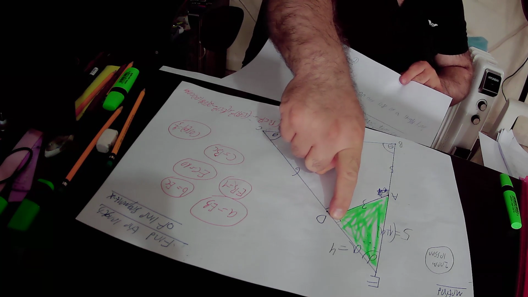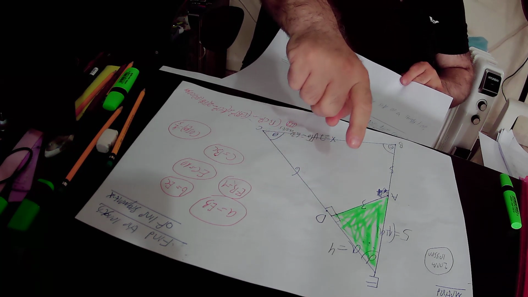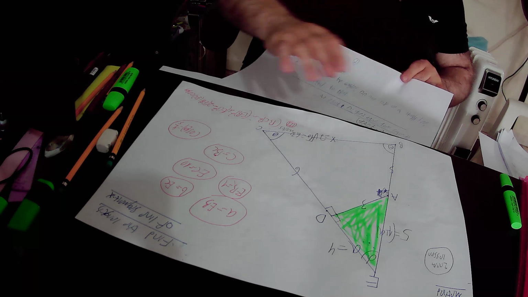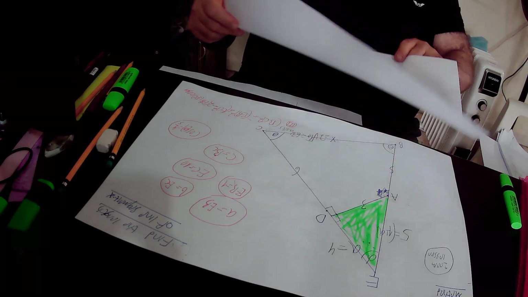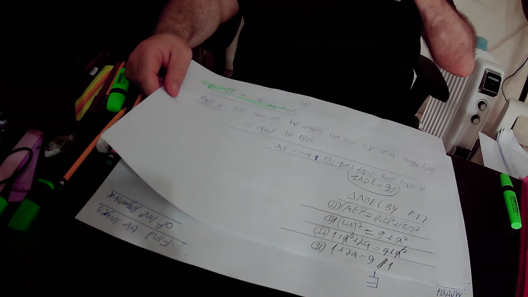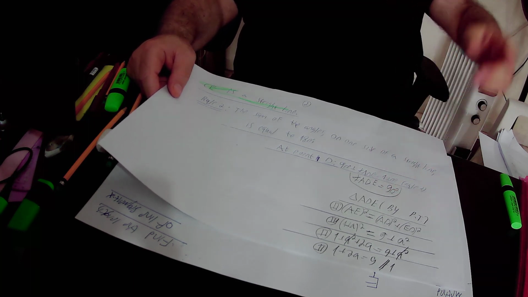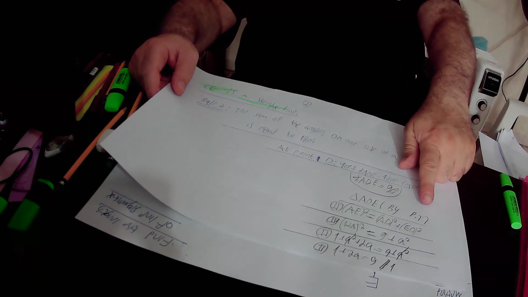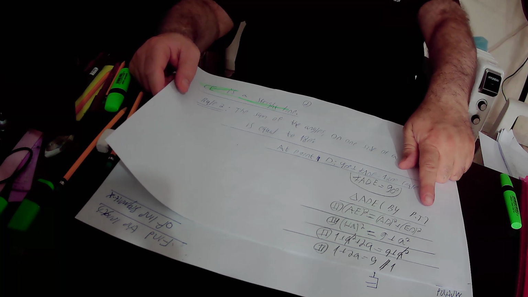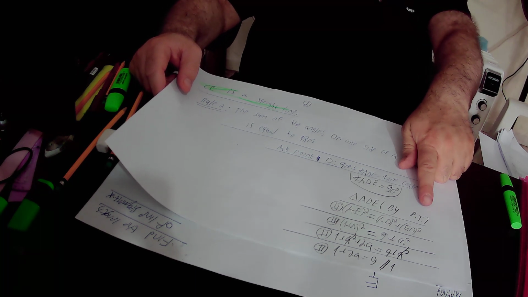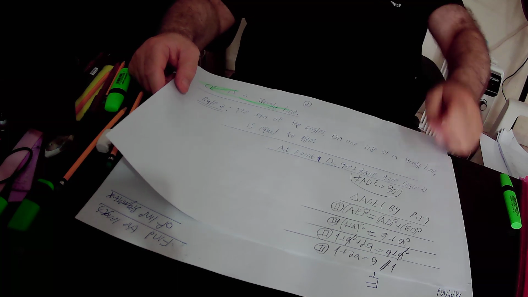So if angle ADE equals 90 degrees, the green triangle is a right triangle. We can implement the Pythagoras theorem (PT) on the green right triangle ADE. According to the Pythagoras theorem, the square of the hypotenuse equals the sum of the squares of the perpendiculars.